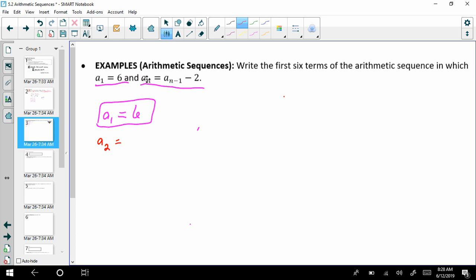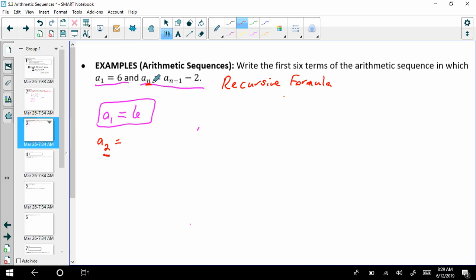Well, when the sequence is written in this form, this is a recursive formula, which we talked about last time. Remember, the recursive sequences always use the previous term to get the next thing. So if I want to find a sub 2, notice the 2 is sitting where the n is.